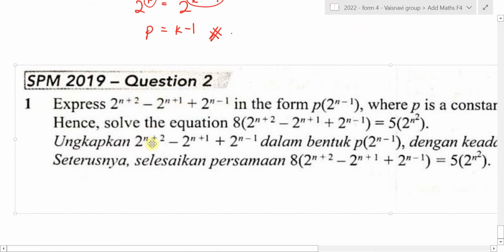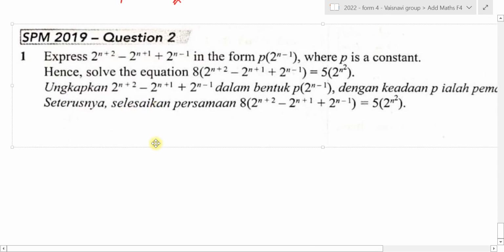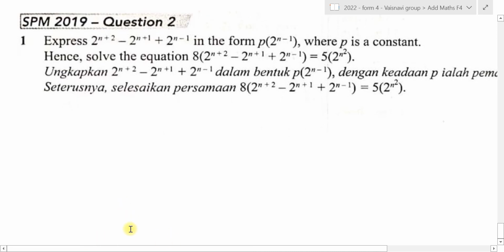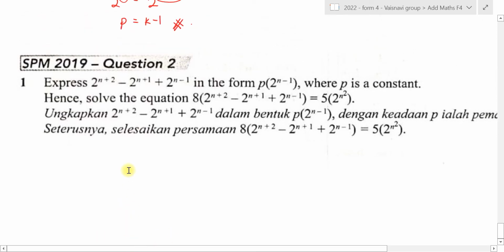Next question. Okay, let's see here. Express 2 power n plus 2 minus 2 power n plus 1 plus 2 power n minus 1 in this form. They want in this form. This p can be anything lah, doesn't matter.